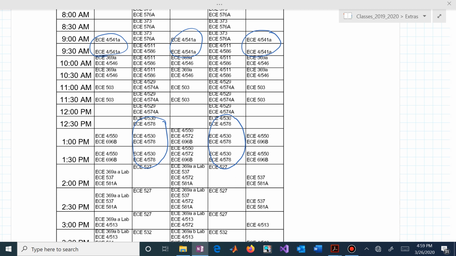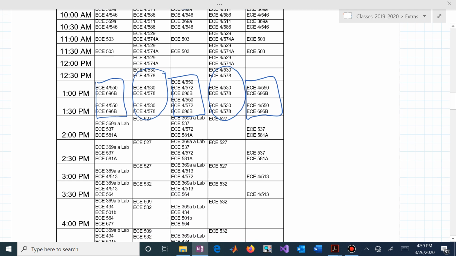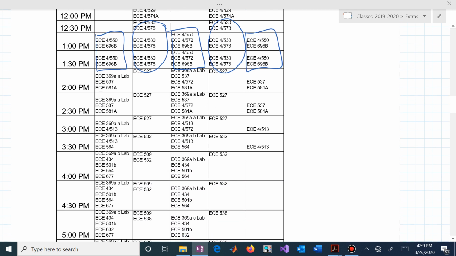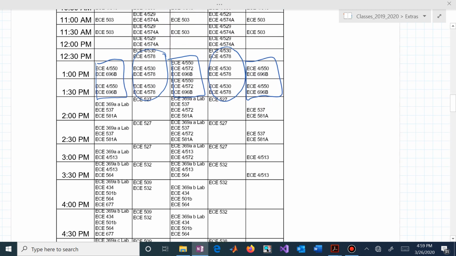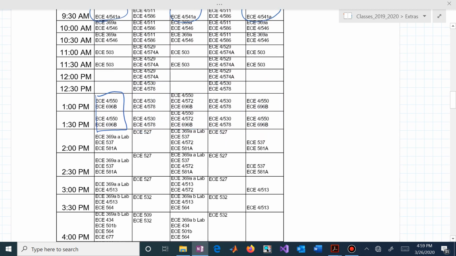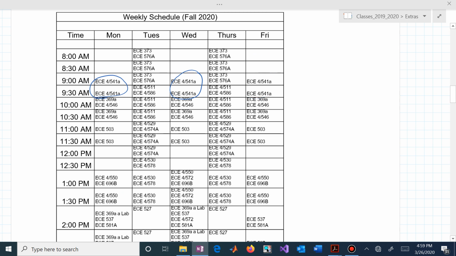Maybe now you want to take the analog integrated systems class. Now you have this 1.5 hour block in the middle of the day pretty much filled up, and you could then take some other classes depending on what your interests are relative to technical elective coursework.